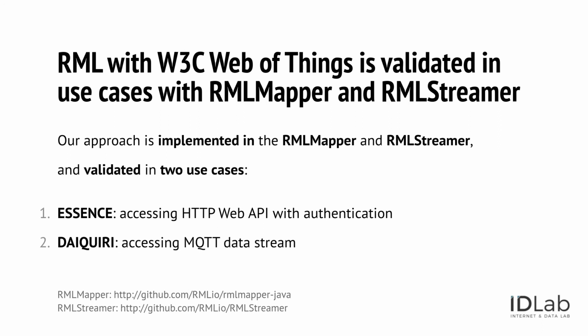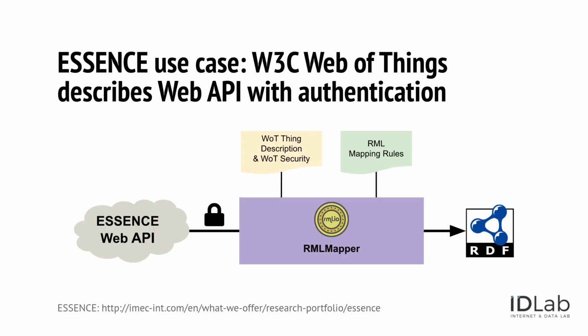We validated our RML with Web of Things in two use cases, with the RML mapper and the RML streamer. The first use case is Essence, where we access an HTTP web API with authentication. In the second use case, we access an MQTT data stream. In the Essence use case, we accessed the Smart City web API to retrieve the data from the Smart City sensors.